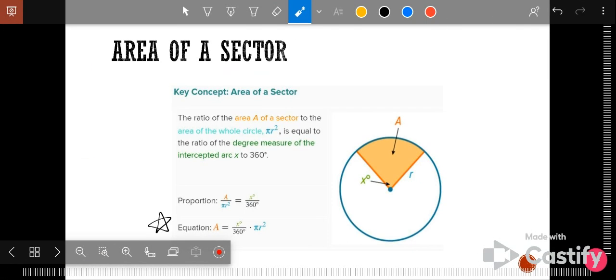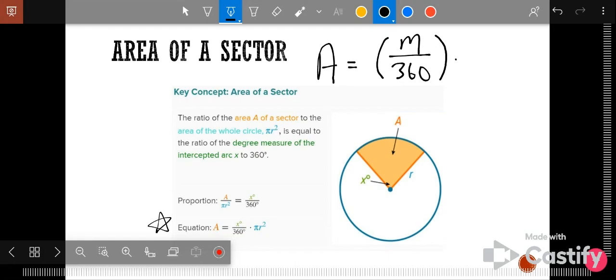And so we need a formula. The equation is down there at the bottom. It's a little bit tricky to see, so I'm going to write it here a little bit larger. The area of a sector is equal to, and I don't usually say x, I say m, the measure, over 360 times pi r squared.